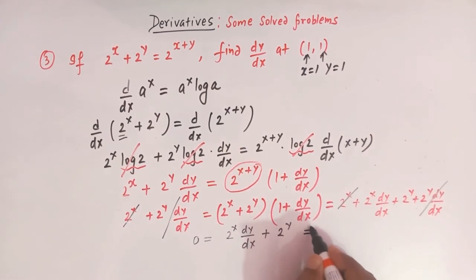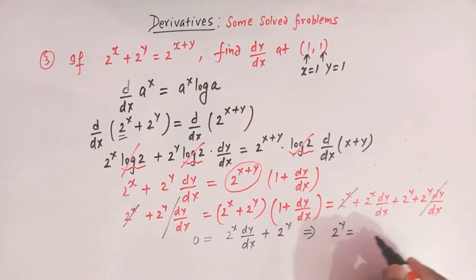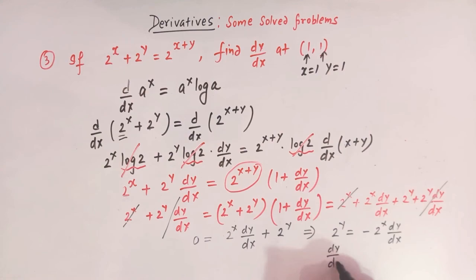Now this expression can also be written as 2 raised to y is equal to minus 2 raised to x dy over dx. So we can also write it as dy over dx is equal to minus 2 raised to y over 2 raised to x. So this is minus 2 raised to y minus x.